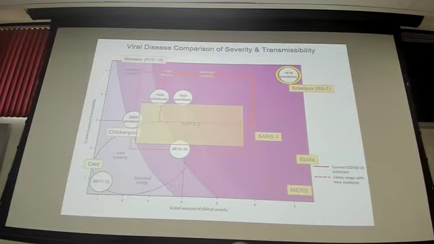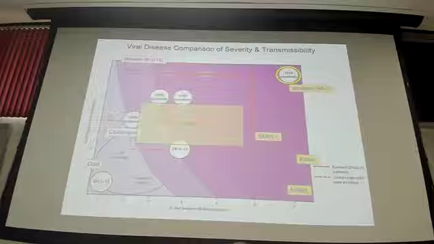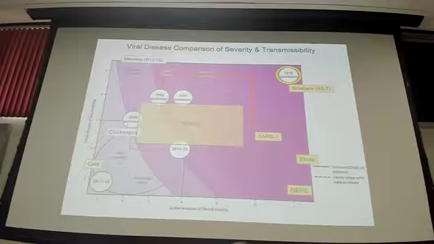Okay, and then in terms of conceptualizing SARS-CoV-2 and its severity and its transmissibility, this is a helpful chart for us to look at to understand it. It relates the severity, which is on the x-axis, of this virus, and the transmissibility of it, which is on the y-axis, with some other well-known viral diseases.